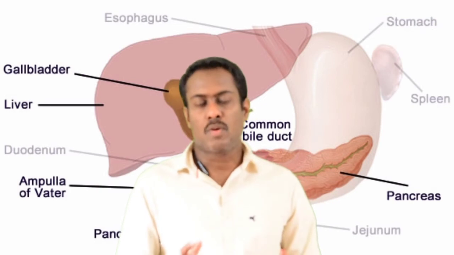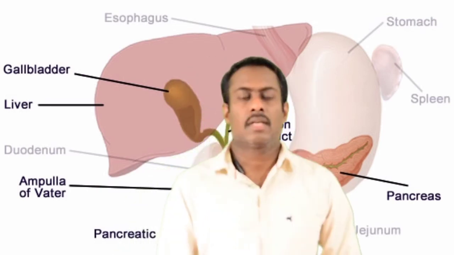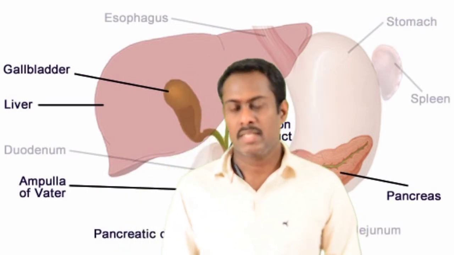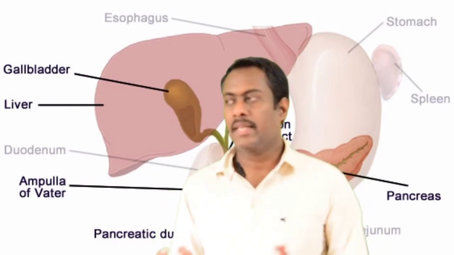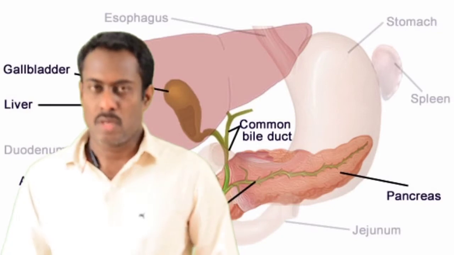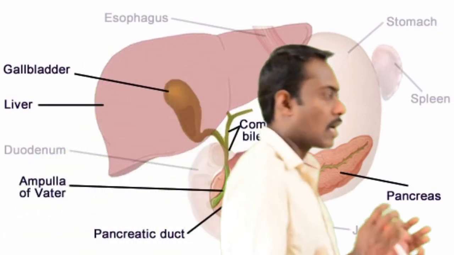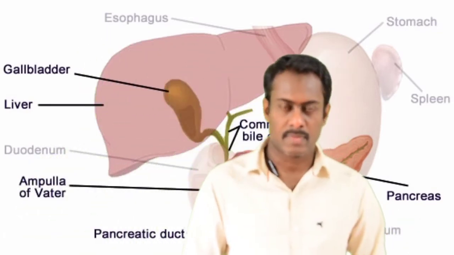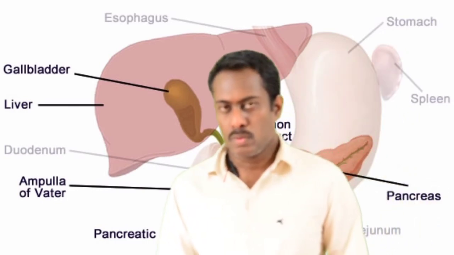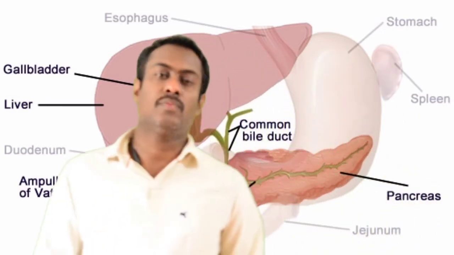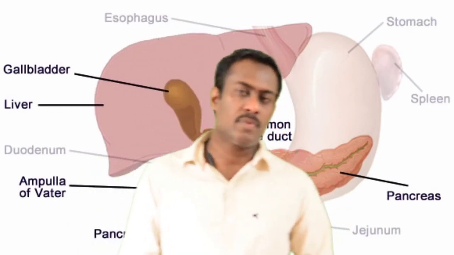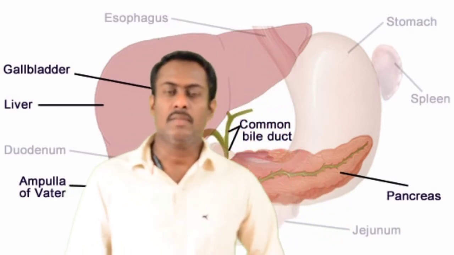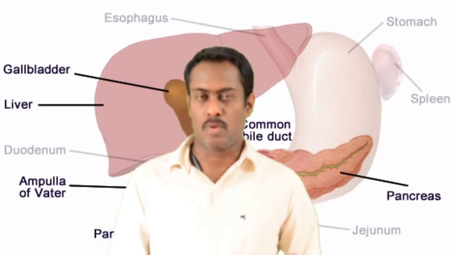The walls of the small intestine contain glands which release intestinal enzymes. These enzymes finally convert the proteins into amino acids, carbohydrates into sugar and glucose, and fats into fatty acids. Then the digestion process is complete. This digested food is then taken into the walls of the small intestine.